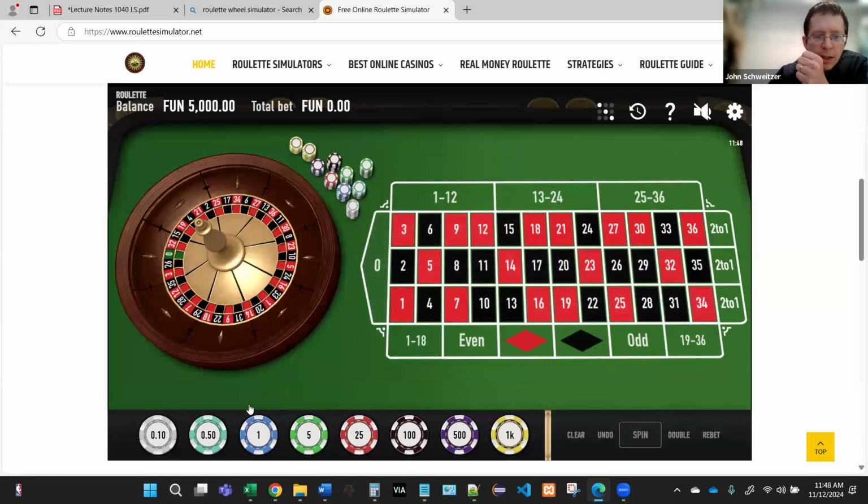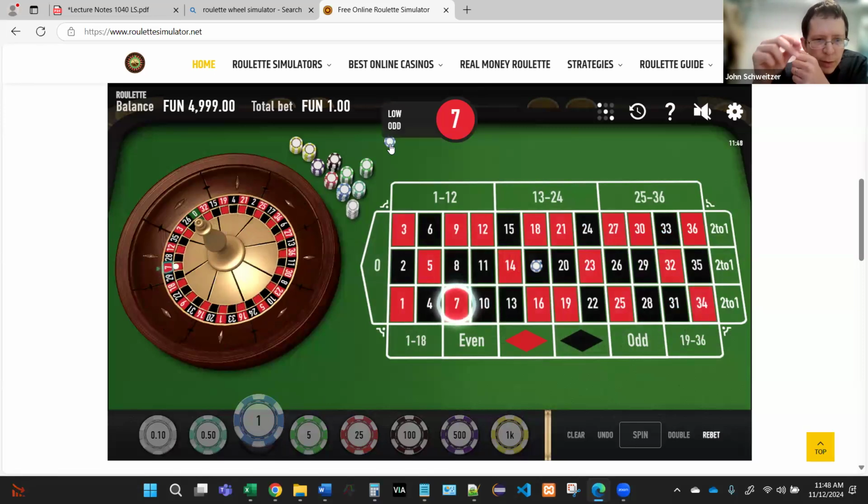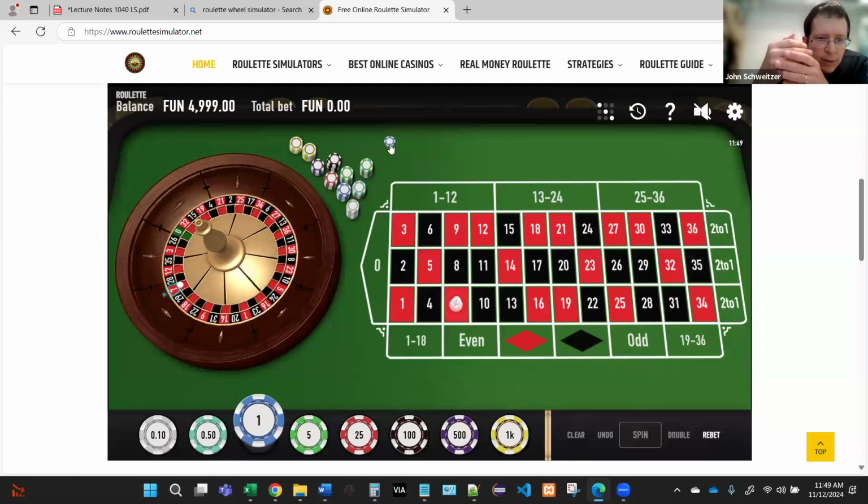I've never actually played before, but maybe we'll bet on 17, and then the person at the table will spin the wheel. There's a ball that spins around, and eventually it loses energy and falls down into one of the slots. You can see that it landed on 7. It did not land on my 17, so I would lose that one.